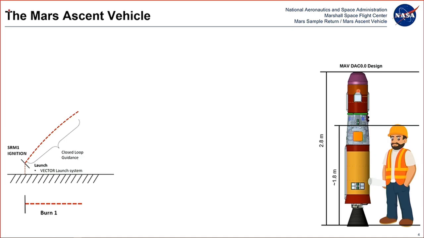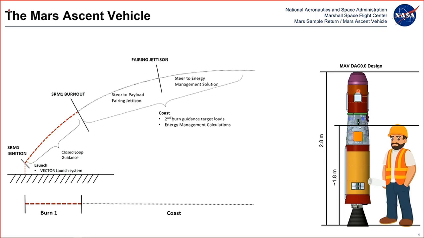For first stage, we've got some TVC feedback from our TVC system to get us through our SRM1, at which point eventually that motor will burn out. And then we have a long coast phase, and there's a lot of things happening during this coast phase. It's actually quite dynamic, and the ConOps schedule is already getting pretty packed for the coast phase itself.